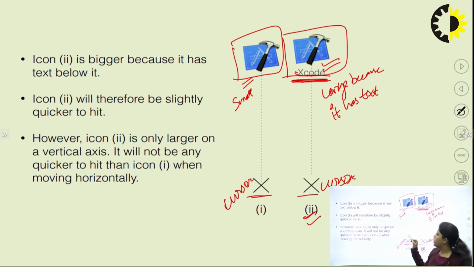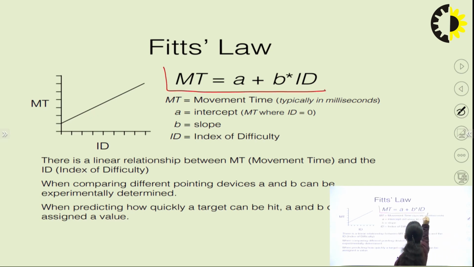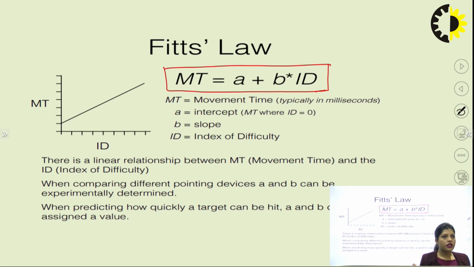So this is another example of Fitts law. This is the equation of Fitts law. MT is equal to A plus B into ID. This is the most important formula, or the most important equation, of Fitts law.